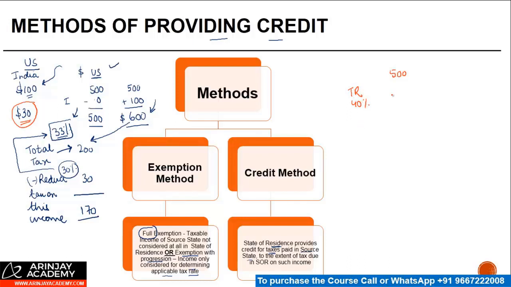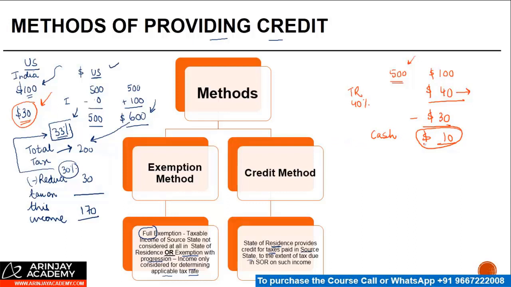Out of this 500 there is no credit available, but if you include the $100 which you have earned from India, the tax on that will be $40. Against this $40 of taxes to be paid, a credit will be given for $30 for the taxes paid in India, and therefore the cash taxes to be paid in the US is going to be only $10.